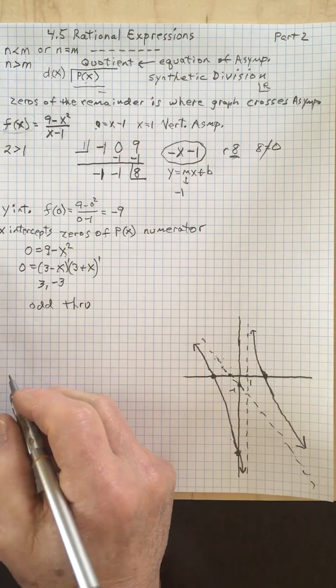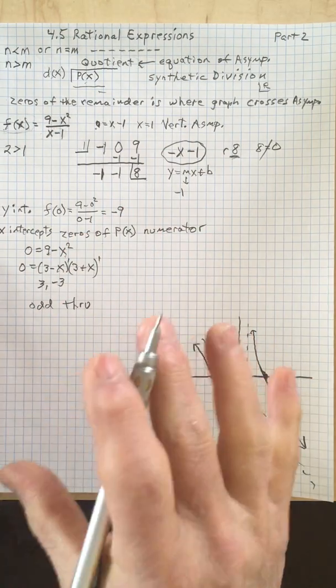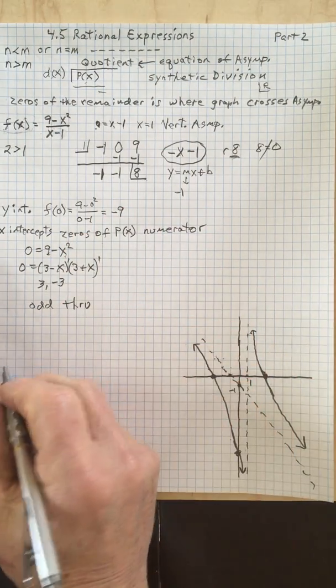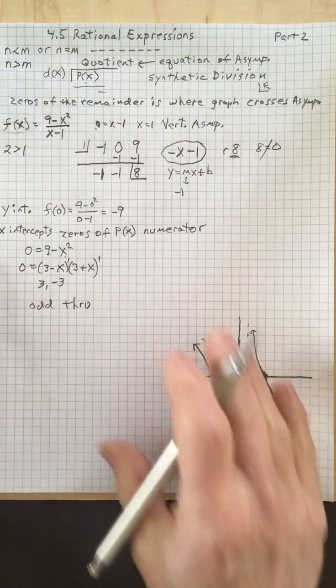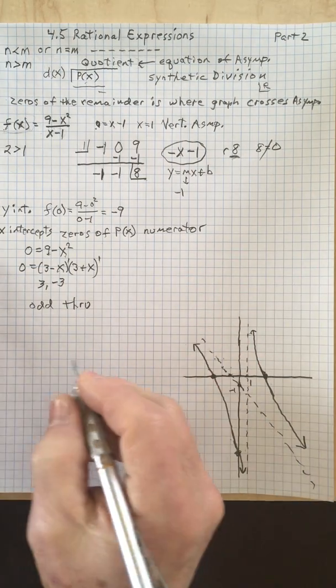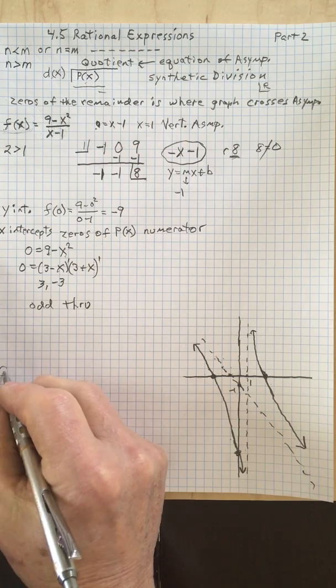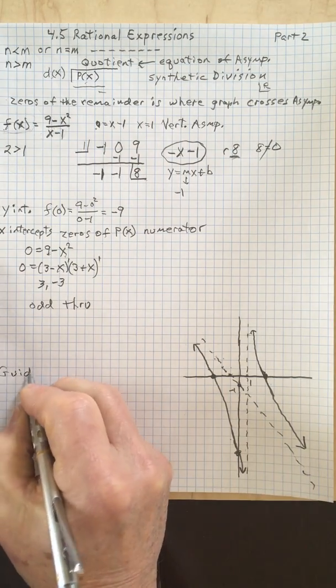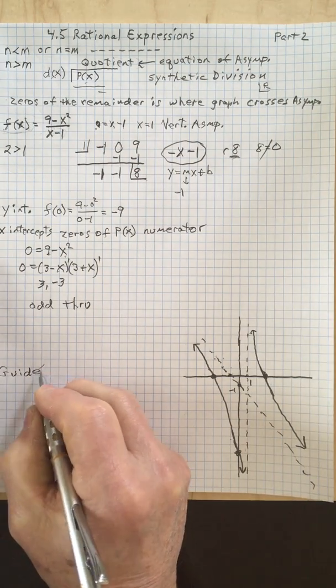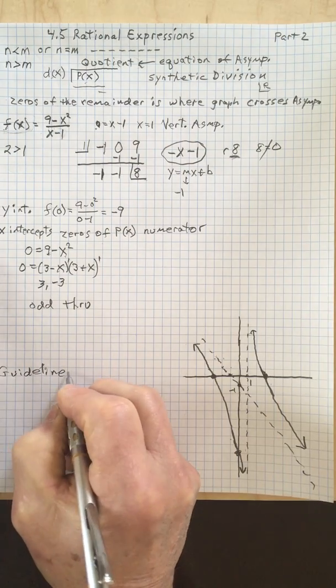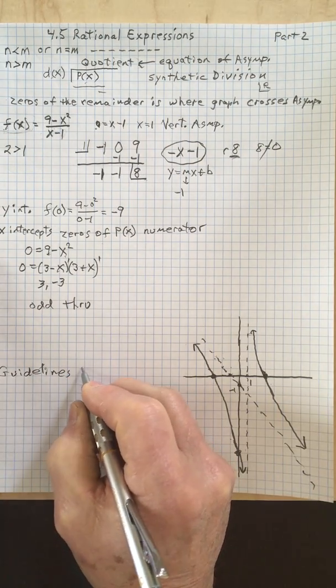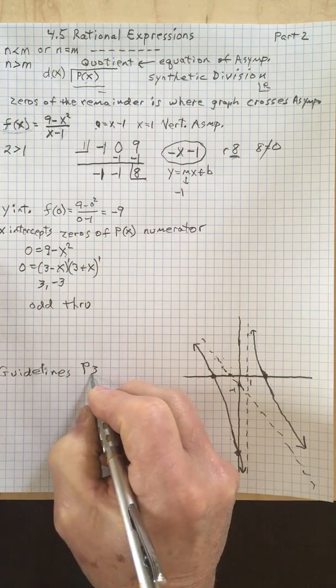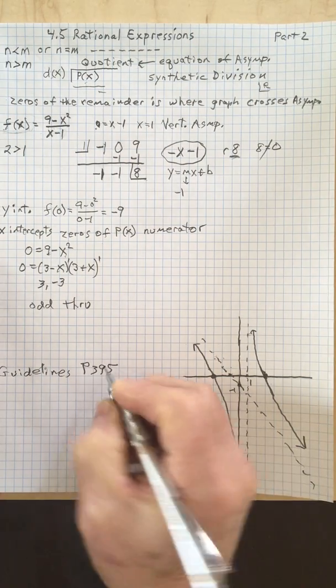What we're going to do in the last part, I'm going to graph a couple from the start, and we're going to do the entire graph kind of like this, but they're going to be a little more interesting. And we're going to base it on some guidelines that you might want to look at, and they're on page 395.